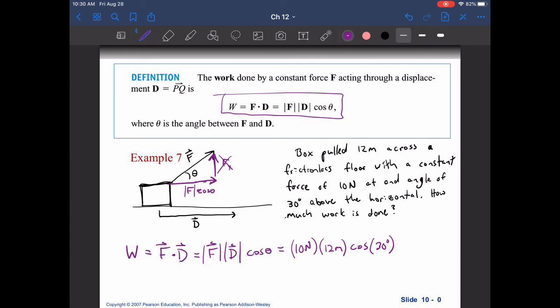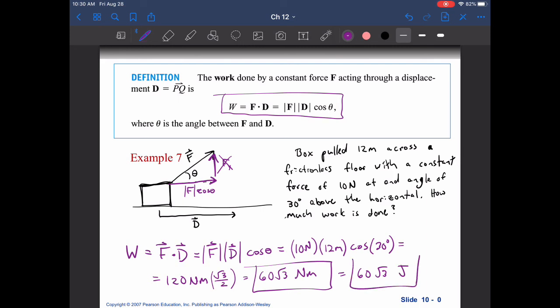This is 120 newton meters, keep those units together, and it's a scalar, times the cosine of 30, which is square root of 3 over 2. And so this would be 60 root 3 newton meters. There you go, that's the work done. And a newton meter is also known as a joule, so you can say 60 root 3 joules, okay?